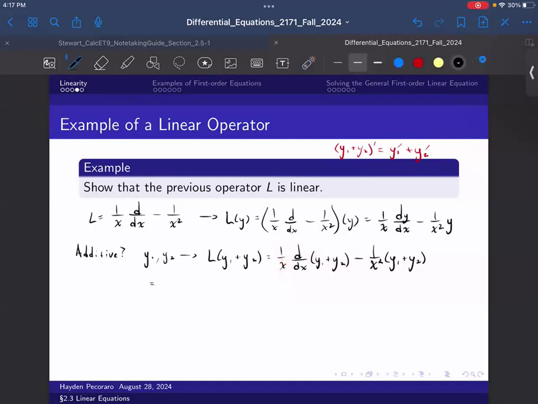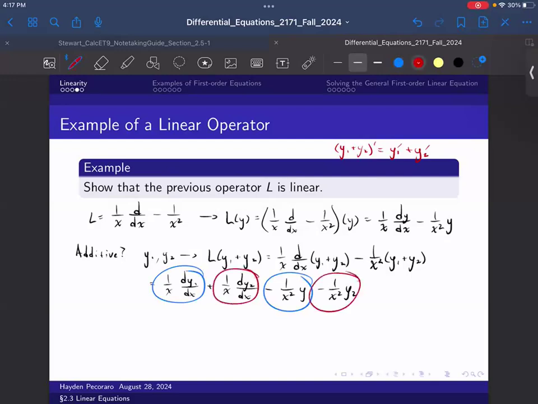So we can write 1 over x dy1/dx plus 1 over x dy2/dx minus 1 over x squared y1 minus 1 over x squared y2. And now we can group up terms in corresponding colors.